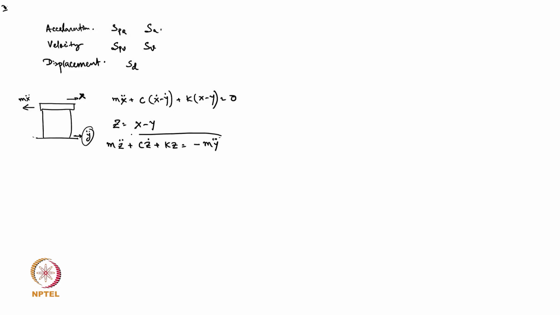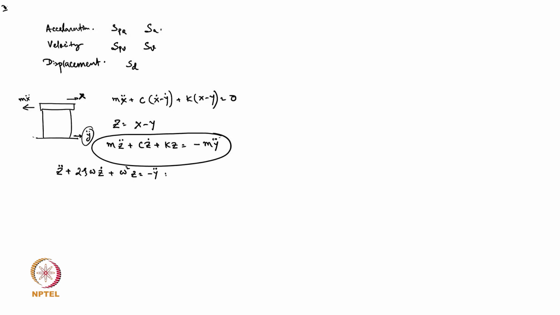Now once we solve this equation, if I go one step ahead, we will get z double dot plus 2 xi omega z dot plus omega square z equal to minus y double dot.